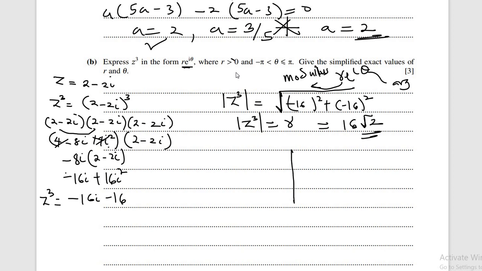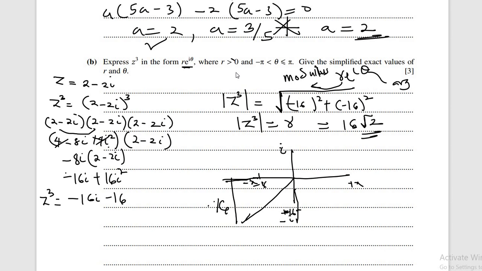Then let's get the argument. I need to sketch the diagram for the argument. This is imaginary positive, this is real negative, real positive, imaginary negative. And it's minus 16 to minus 16, which is on this quadrant. The y part is 16 and the x part is 16.